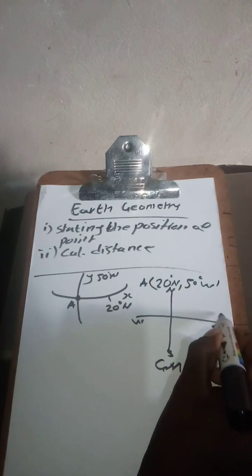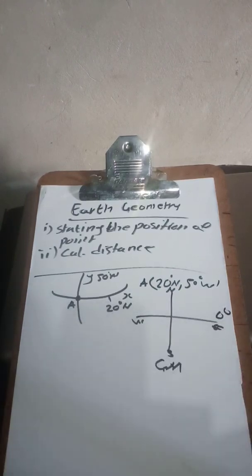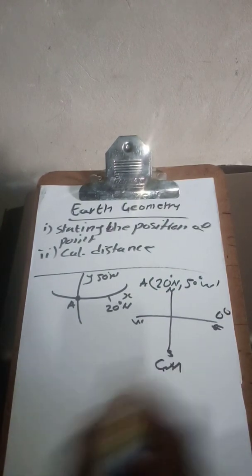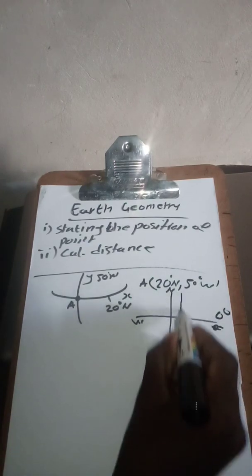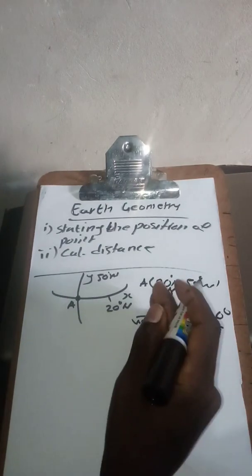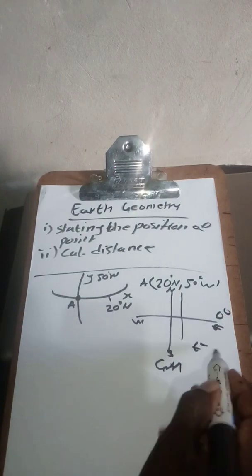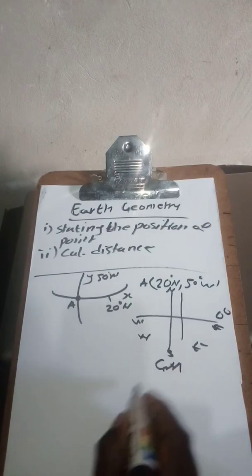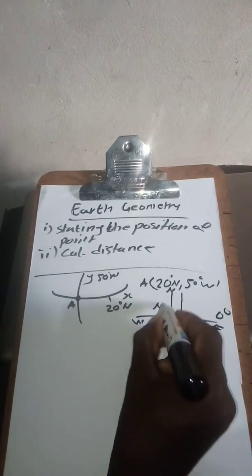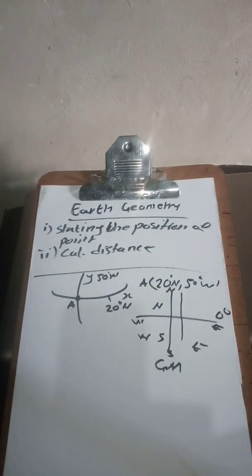Then this line we can call the equator, which is 0 degrees as well, same as that one. Whatever longitude is after the Greenwich meridian, this side, is east. Whatever is before the Greenwich meridian is west, whatever is above the equator is north, and whatever is below the equator is south.